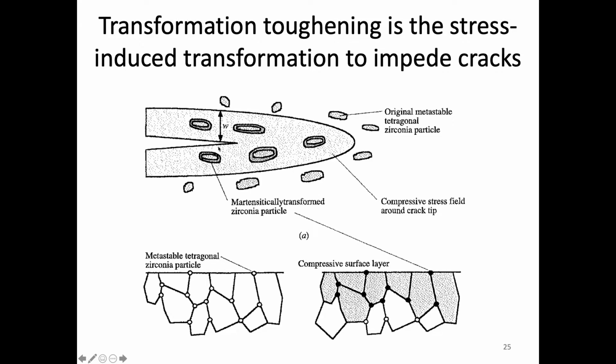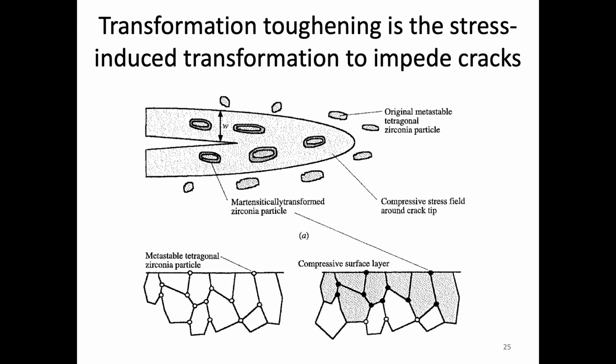And so there's going to be a stress-induced reaction where these originally metastable tetragonal zirconia particles actually martensitically transform phases. Martensitic because it's very quick, right?